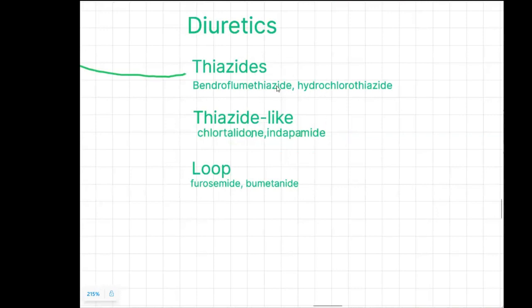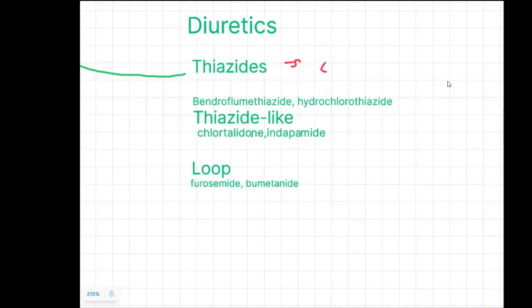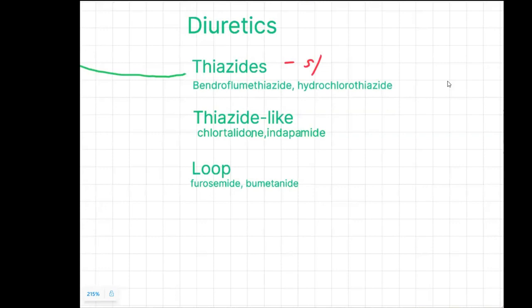So when we're talking about electrolyte imbalance due to these medications, with thiazides we first think of hypokalemia as the main side effect. Let me fix that real quick. Okay, sorry, hyponatremia, because it's inhibiting the reabsorption of sodium and chloride.